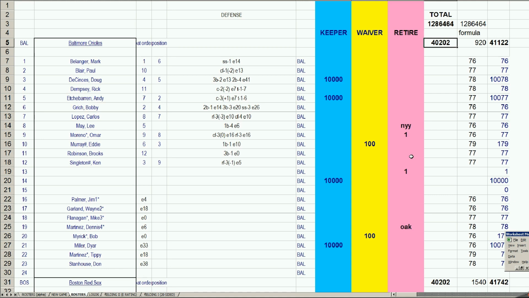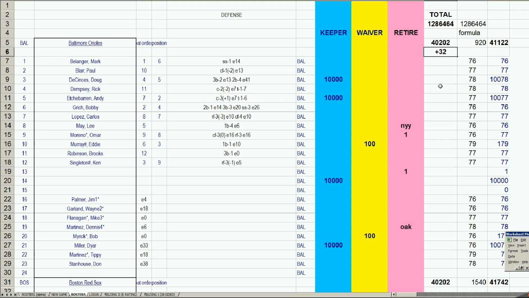But the key in doing that is don't look at the total number. Imagine drawing a line after the 4 and after this 2. When you look at this number, it says I'm keeping 4, I'm waiving 2, I'm retiring 2. And there are 32 teams in the league.